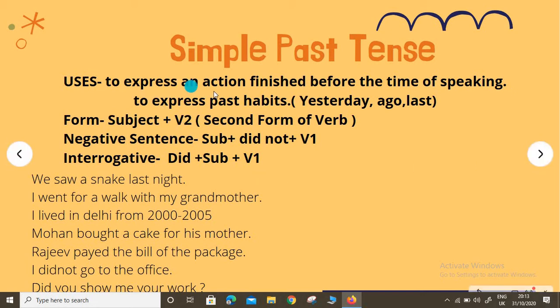Simple past tense expresses an action finished before the time of speaking, or generally it expresses past habits. It indicates a past event, like an action that has been completed in the past.